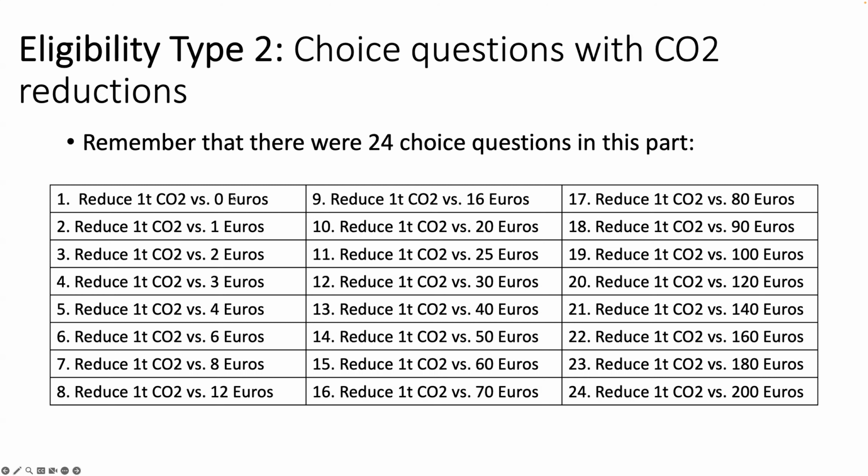On the right-hand side, the reduction of CO2 was 0, but the monetary amounts for you varied from a minimum of 0 euros all the way to 200 euros at the maximum. Because there were 24 such choices, now we're going to generate a random number between 1 and 24 to decide which of these 24 is the relevant choice question.